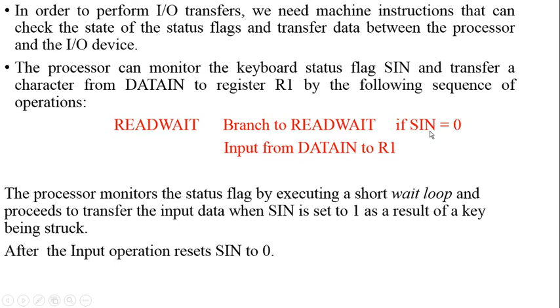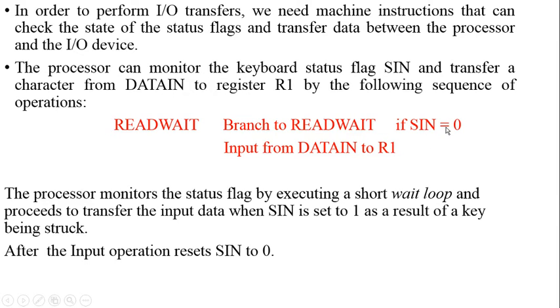That is the meaning. So when the SIN value becomes 1, we can start a data transfer from the input device, that is from data in to a processor register, R1.